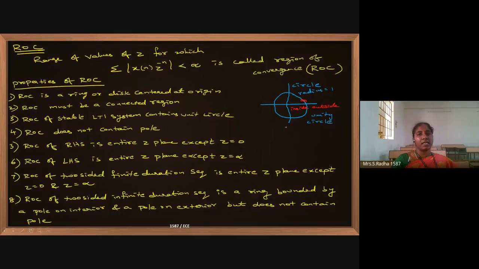These are the three cases. And this is called unity circle, radius is 1. And we will be talking about this unity circle only.